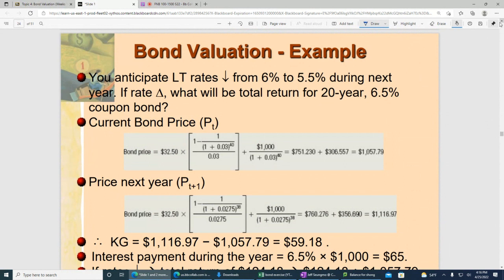Now, think about it. Valuation is basically present value, right? What's the present value of the bond today? Because all those financial instruments, all those securities, generate cash flow in the future. Investment is like tending to a fruit tree.